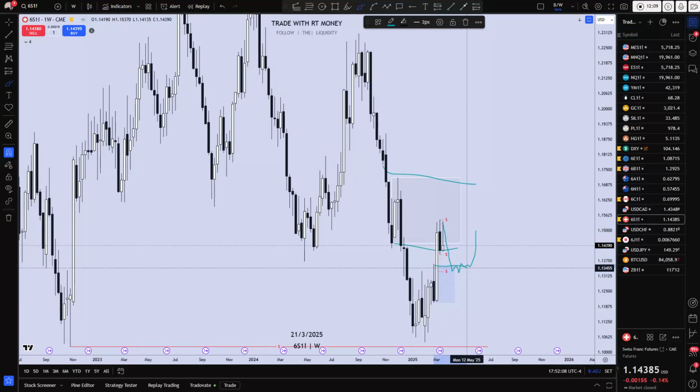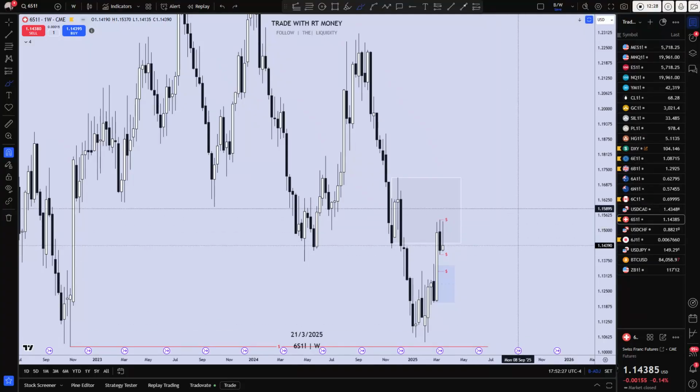But I think that we are going to find there is support here for higher prices. All right, because I expect some strength on the US dollar in the short term, but I do think that it'll turn bearish this week.